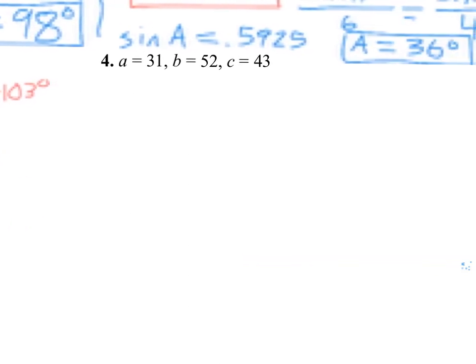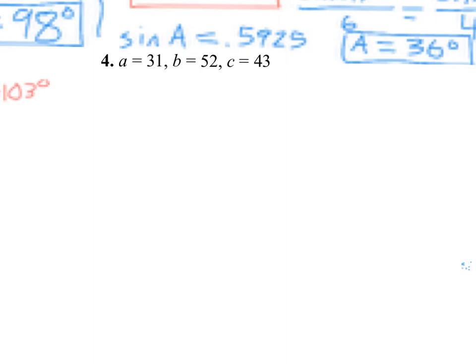Alright, and now we're back to another side, side, side problem. Okay, I'm going to keep reminding you, law of sines is easier to use, but sometimes it's inaccurate when you're using it to find the biggest angle. So law of cosines is always honest about the biggest angle.